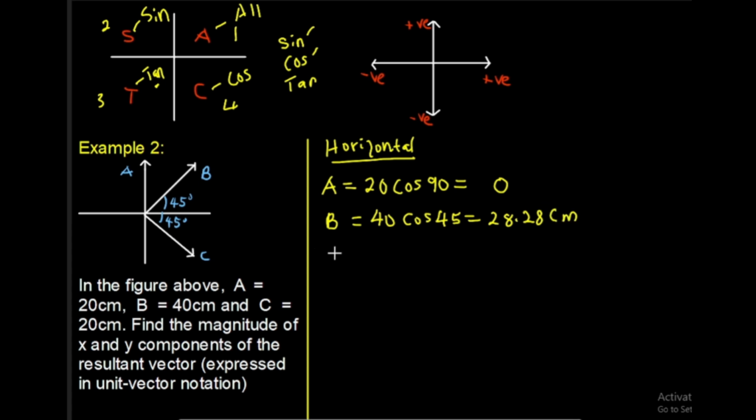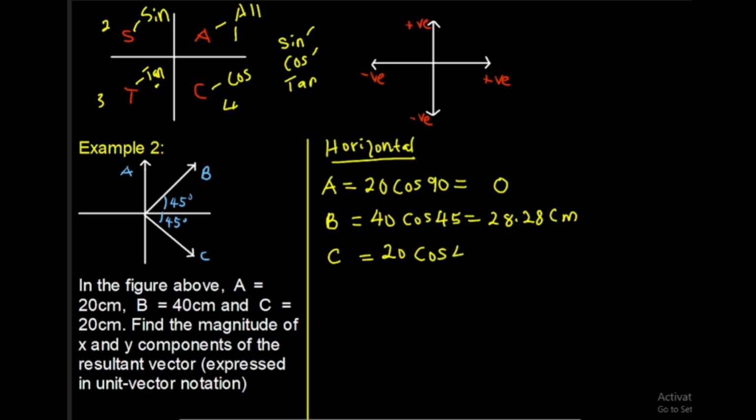Now you go to vector C. Resolve horizontally again. We're resolving everything horizontally first. So we have vector C. What's the magnitude? 20 cm. Since we are resolving horizontally, we use cos again. Now, what's the angle vector C makes with the horizontal? This is our horizontal. You can see here is 45 degrees.